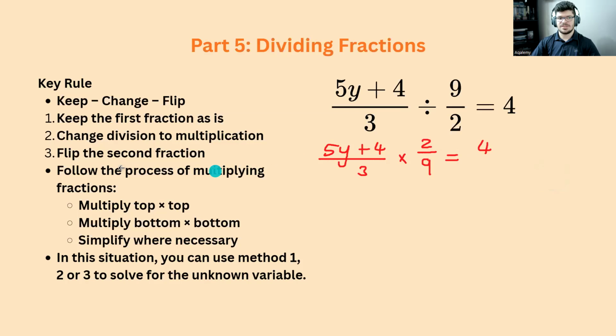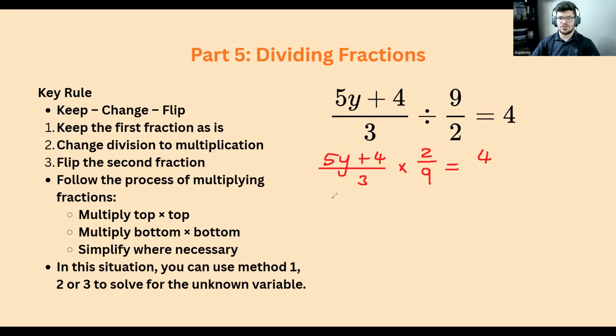Very, very similar. Okay, numerator with numerator. Let's see what we have in this situation. We just multiply the top values with the top, bottom with bottom. Essentially, it will look like this. I will first express it so you can visually understand what I'm doing.